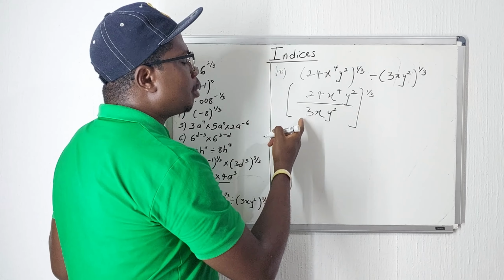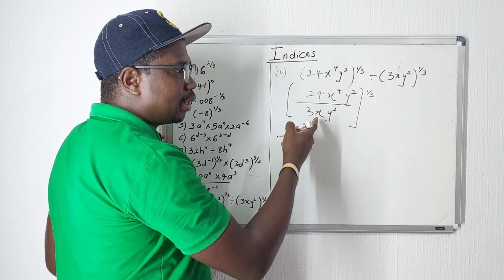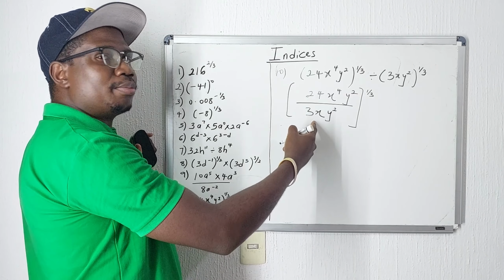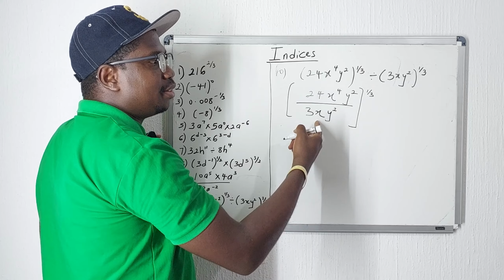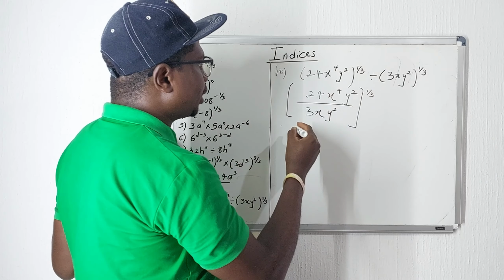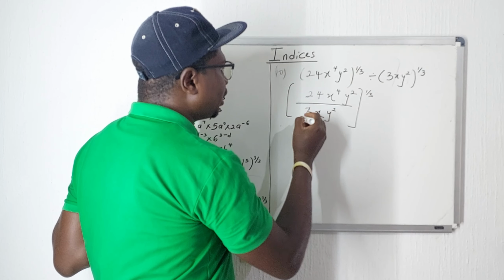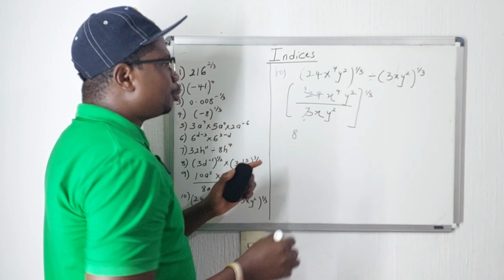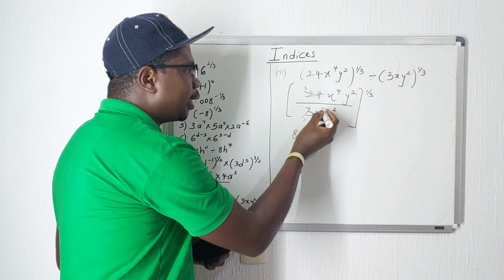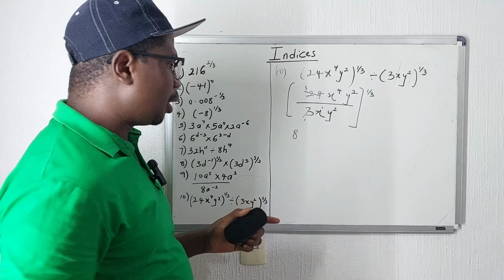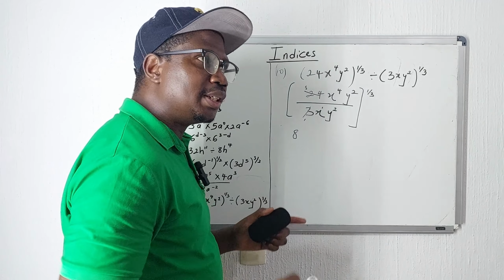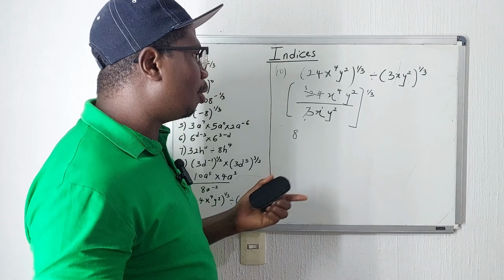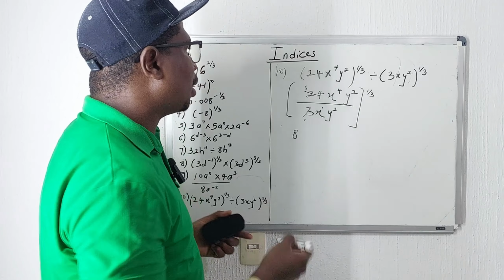So we can divide, as I always said, the laws basically mostly affect the variable. So we can just divide here straight. 24 divided by 3 is 8. We can put a 1 here because any number is the same thing as that number to power 1, or 1 times that number is still the same number.